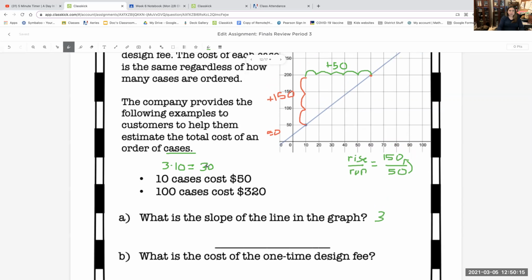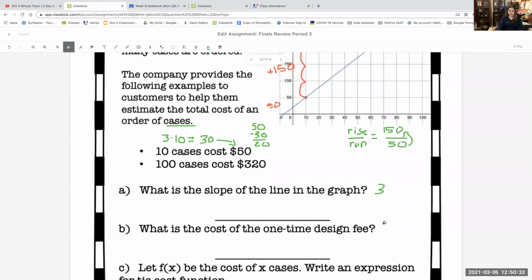So if 3 times 10 is 30, what is that one-time cost? I do 50 minus 30. 20. Yeah. So then my one-time design fee is $20.